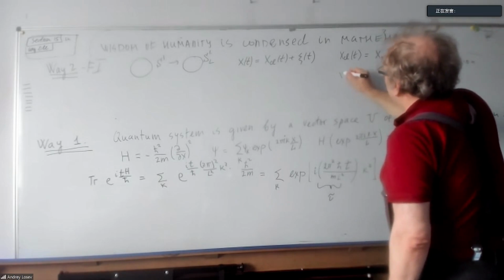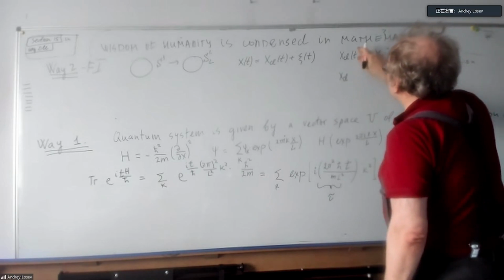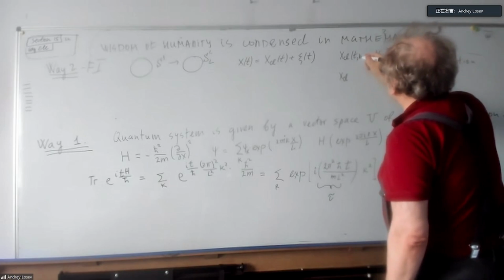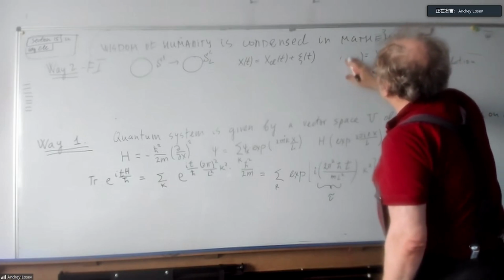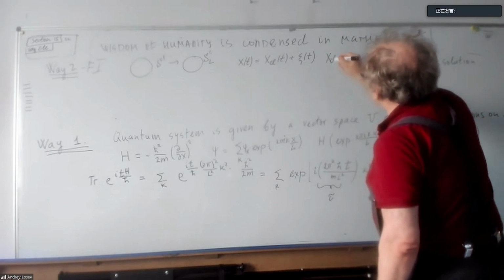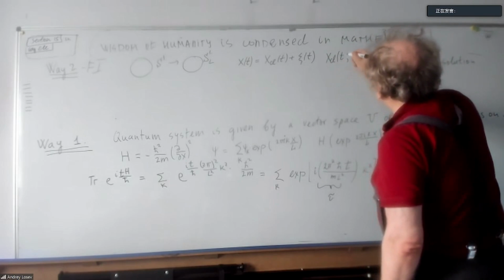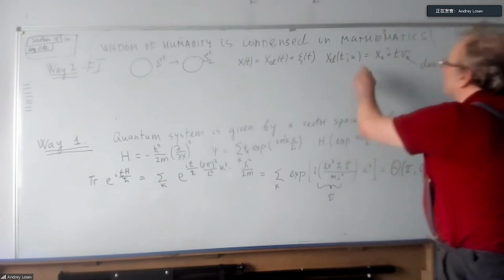And the classical trajectory has a parameter k. Oh, sorry, I'll call it n. What is the meaning of this n?